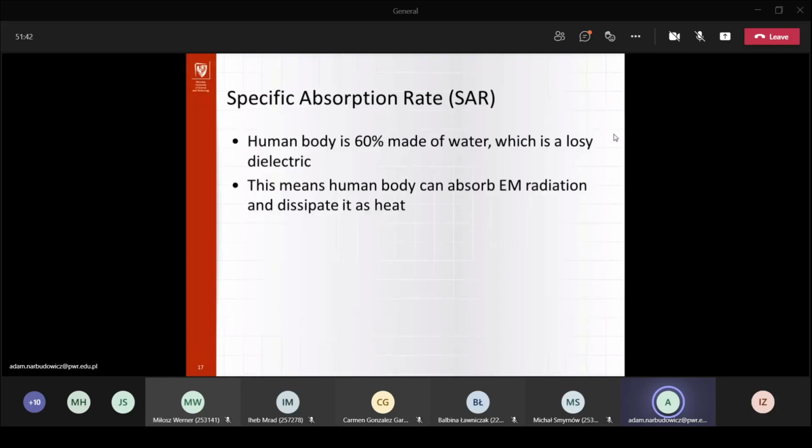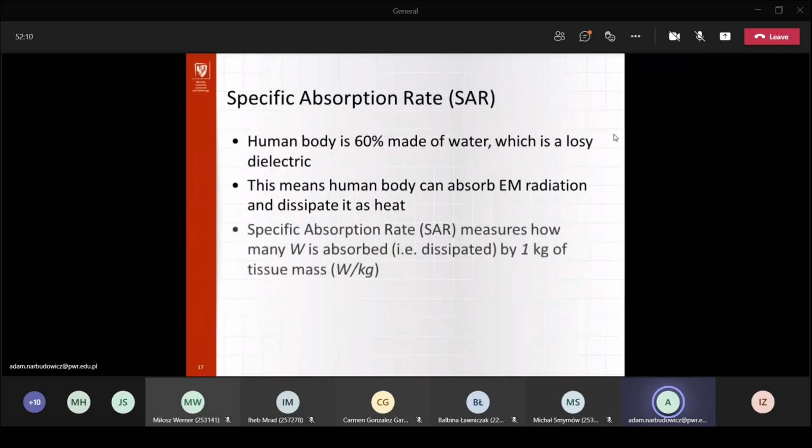So, in the worst case, if you're standing next to a radio transmitter which has a few kilowatts of energy, you can get burned from this. Again, we're talking here about really high power applications, right? So anyway, in order to make sure that this is not happening, there is the metric of specific absorption rate.